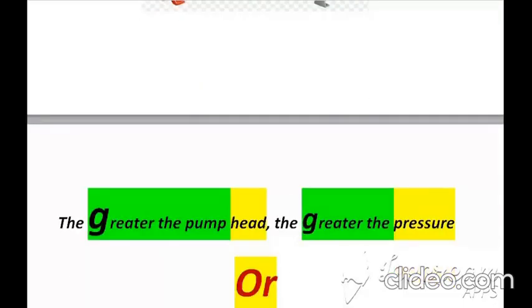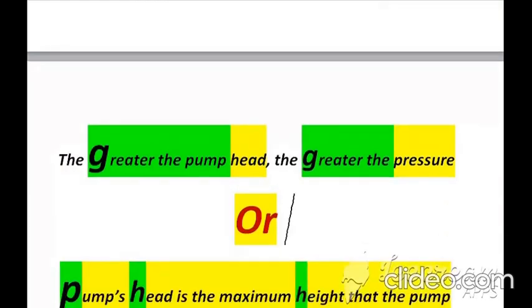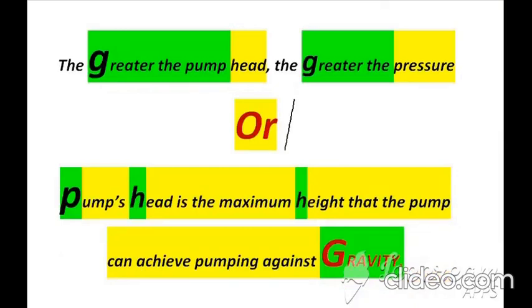If the pump head is greater, the pressure will also be greater. According to another definition of pump head, it is the maximum height that the pump can achieve pumping against gravity. You know well that if we want to work against gravity, we will use an external source, an external power.